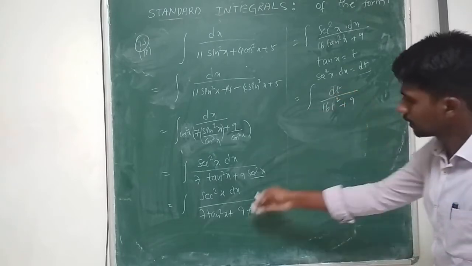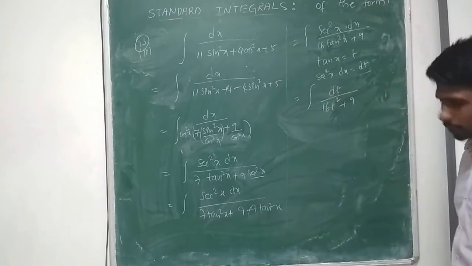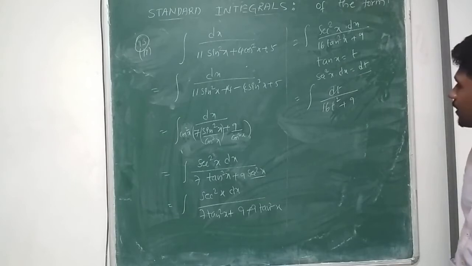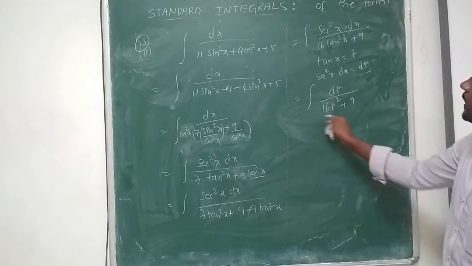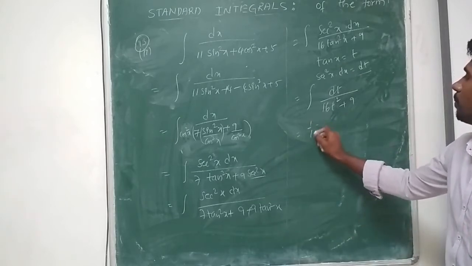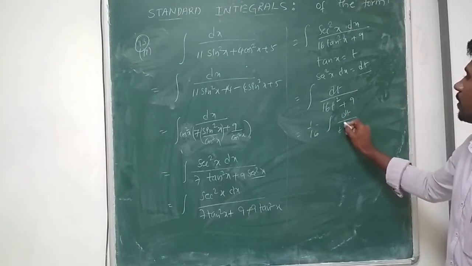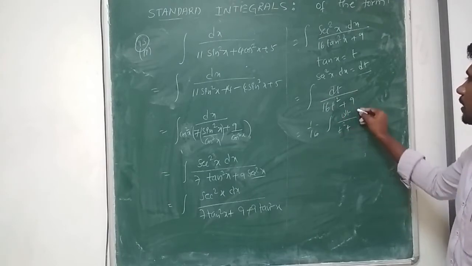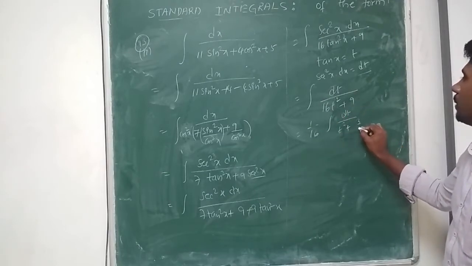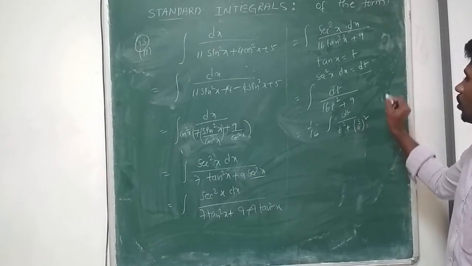I want to take 16 common, so I get 1 by 16 integral dt by t square plus 9 by 16, which can be written as 3 by 4 whole square.